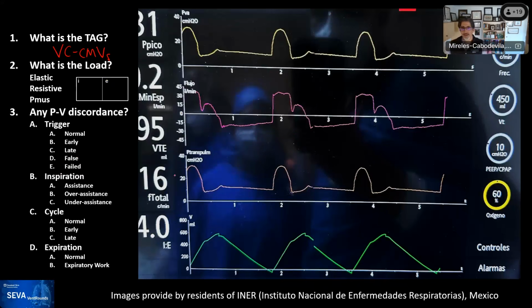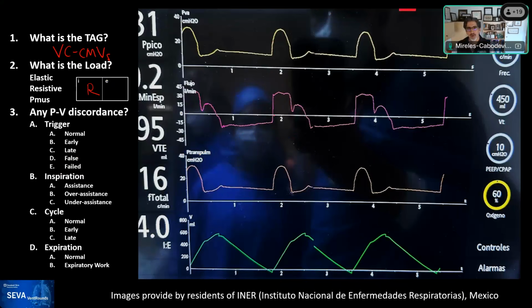Yeah, I agree, Alejandro. I think there are several features here that make us suspect an increased resistive load. During inspiration, we control the flow, but you can see a steep rise in the pressure.